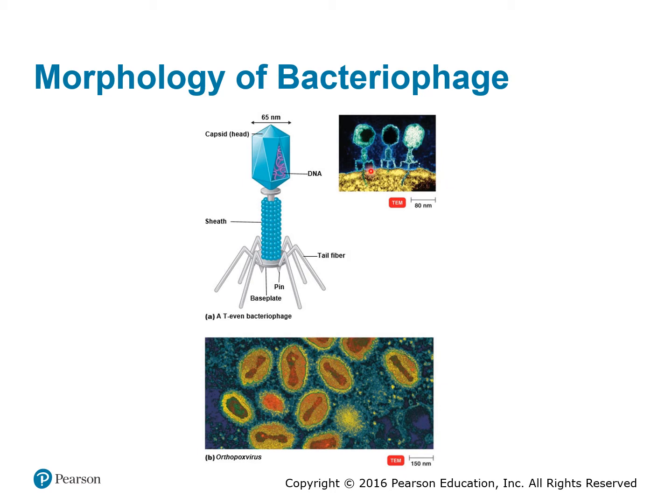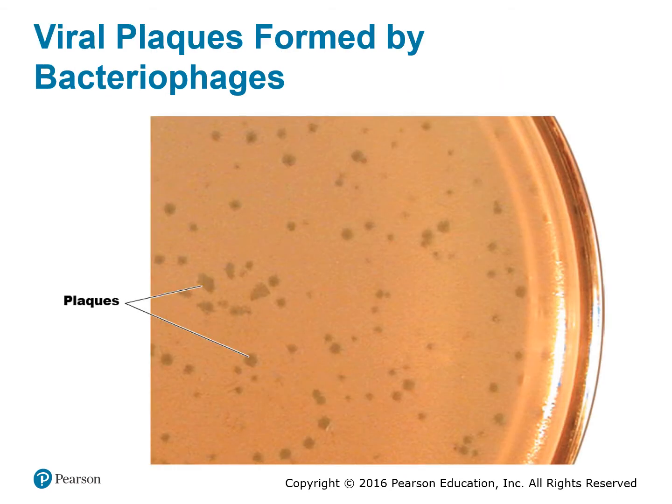And again, this is due to the bacteriophages chemically interacting with these receptor sites that are found on the surface of the bacteria. So as we discussed previously, bacteriophages are viruses that can attack bacteria and kill bacteria.